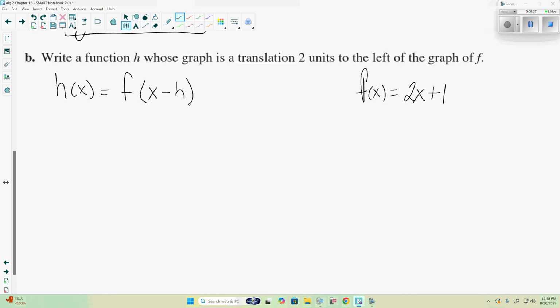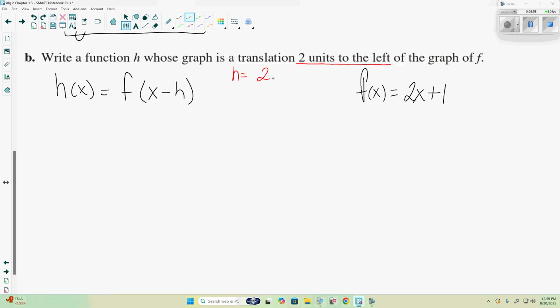This is the general form for it, where h is the movement left or right. So how far are we moving it to the left or right? 2, yes? Because it says write a function h whose graph is a translation 2 units to the left, yes? So h is indeed 2.